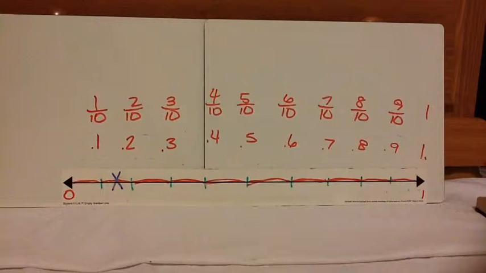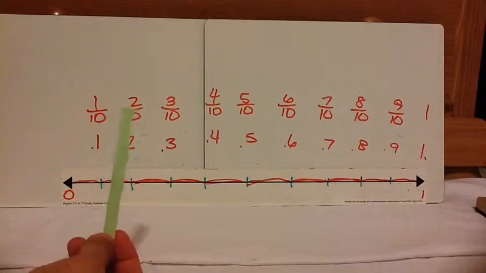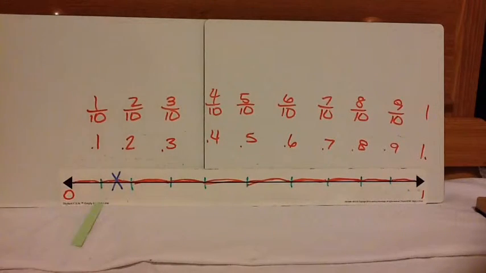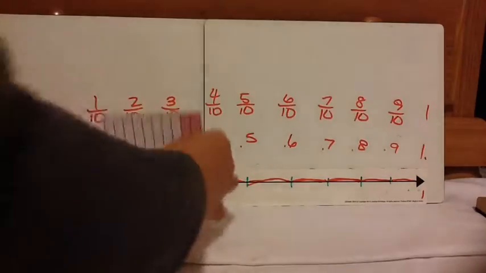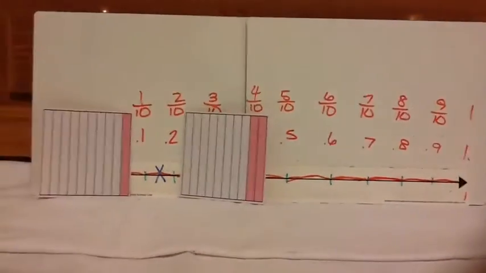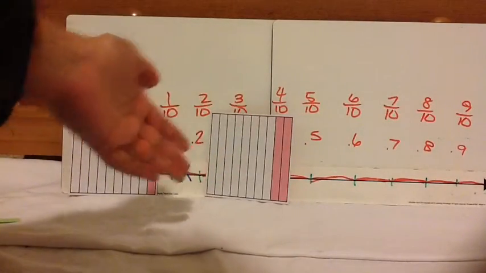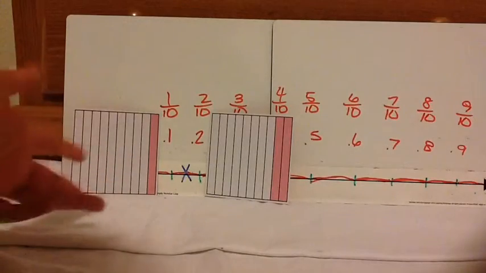I want you to just picture that you have here 1/10, 1 out of 10, and then you also have 2/10. So you have 1/10 and 2/10. Think a dime and 2 dimes. So that's like 10 cents and that's 20 cents. What would go right in the middle?